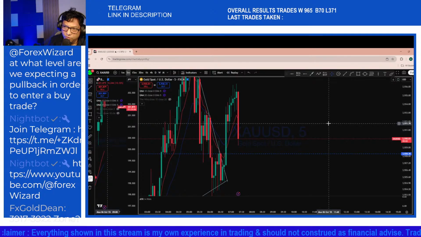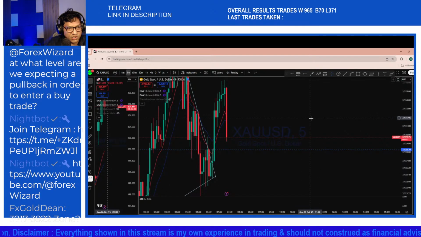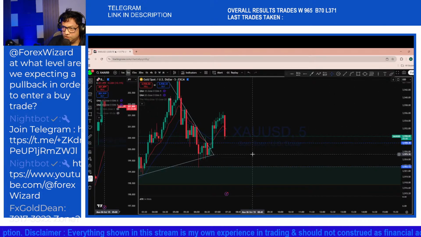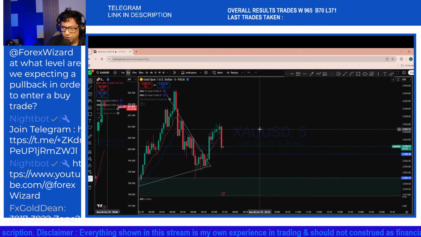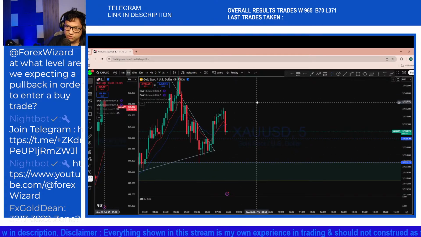There's a complete breakup structure that you can see, and we'll be waiting for further downside for another retest of this support before we look for any entry. We'd like to see the market test this previous shadow here again.